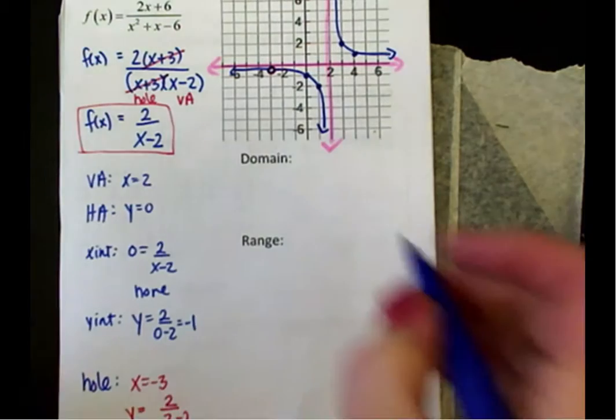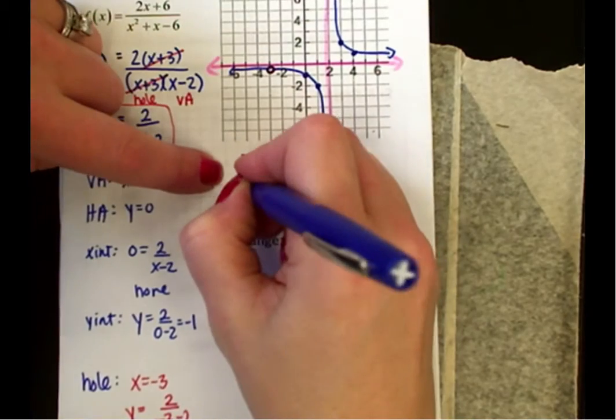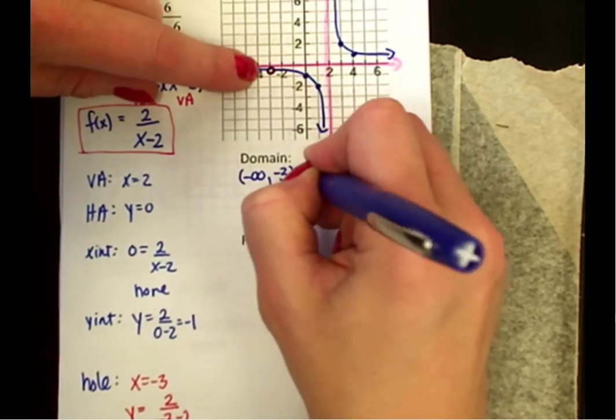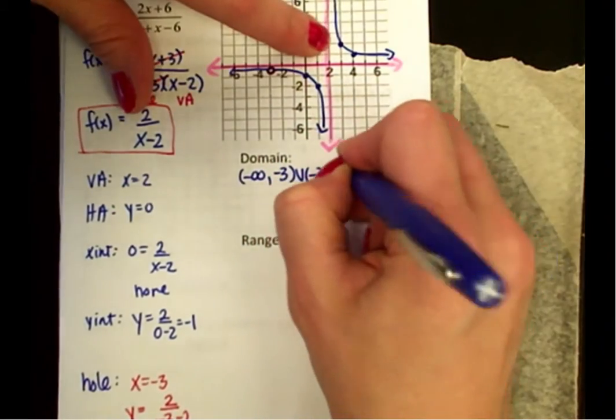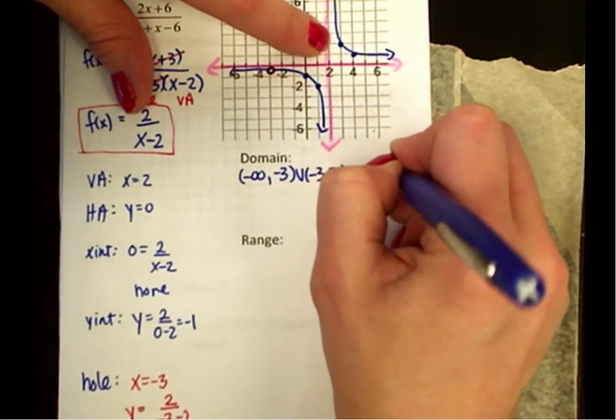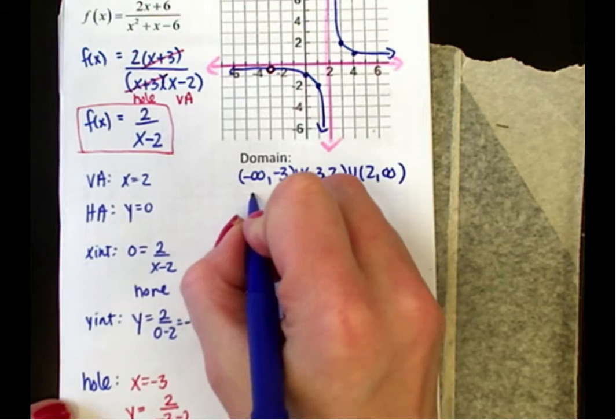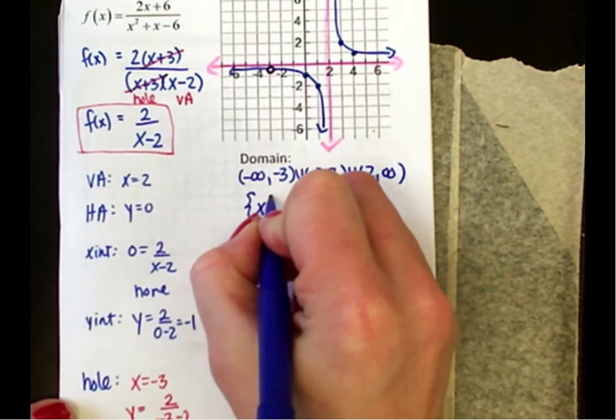So would you write the domain with 3 different pieces? Yeah, your domain would have 3 pieces. Starts getting a little tedious, so we're going to do it 2 ways today. Okay, domain, negative infinity to -3, -3 to 2, 2 to positive infinity, such that.